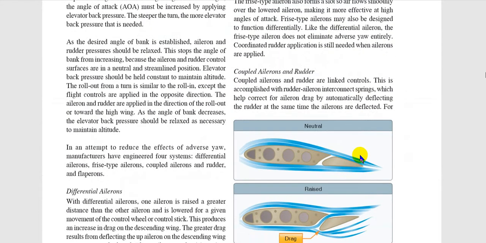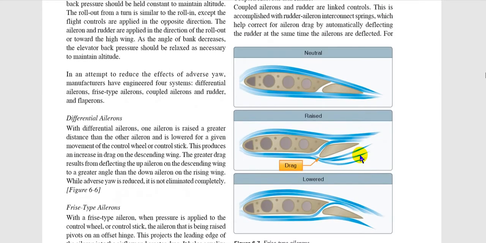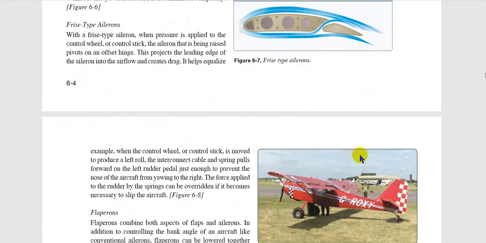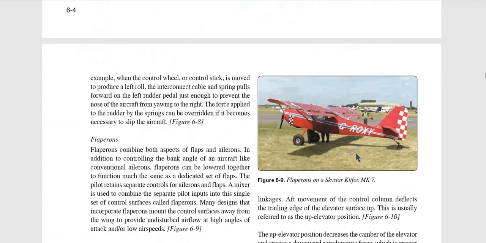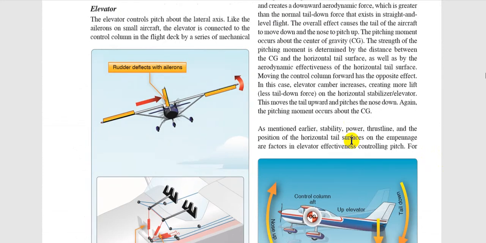What else? Differential ailerons, coupled ailerons and rudder. Differential. You can read all about this stuff. This is a conventional landing gear configuration, because it's like the older aircraft and more commonly known as a tail dragger. What else? Elevators.